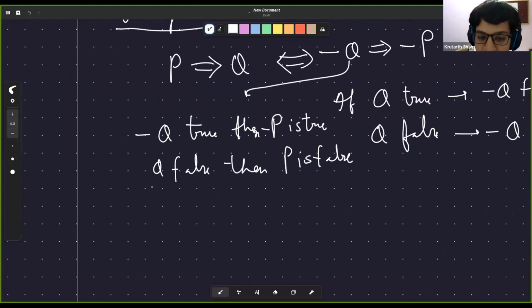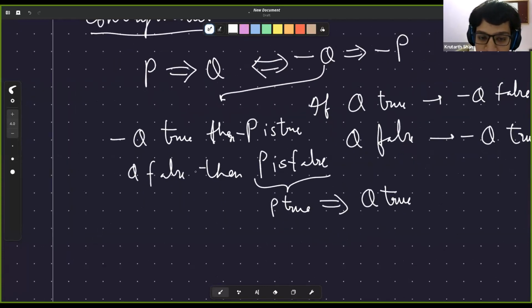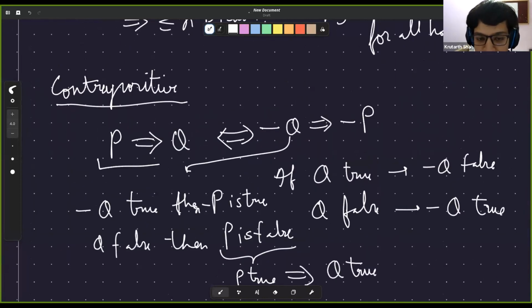But we already know this because by contradiction, if P was true, then Q would be true, because we know this, right? But then we know Q is false, so that can't be possible. So yeah, this is the contrapositive of this statement. They actually mean the same thing, but this is just a different way of representing it.